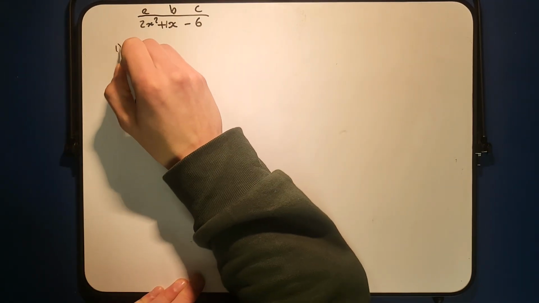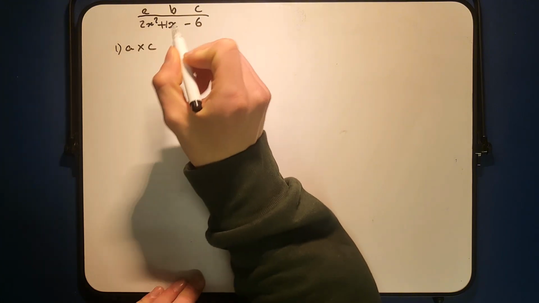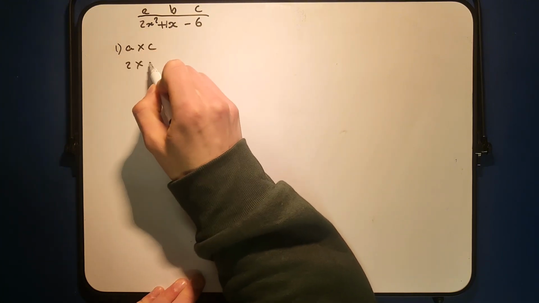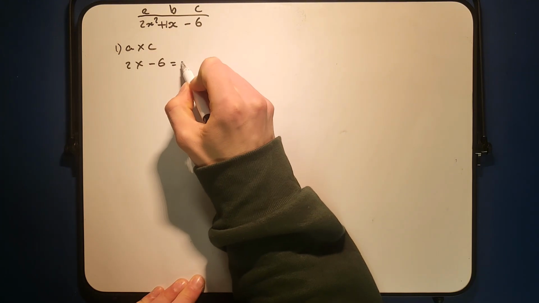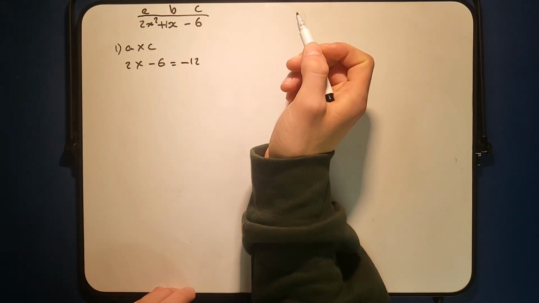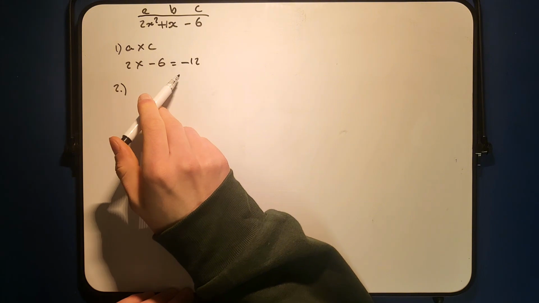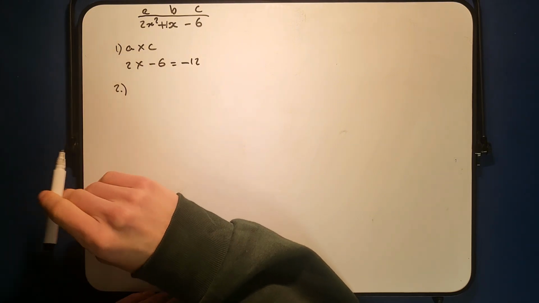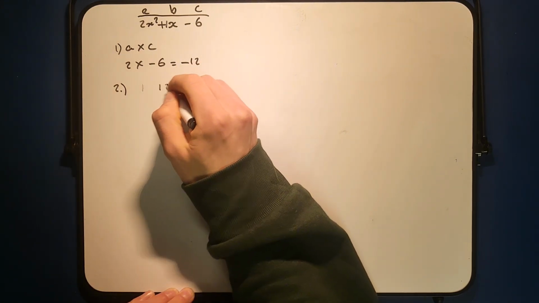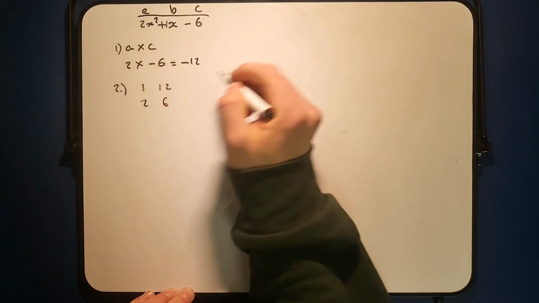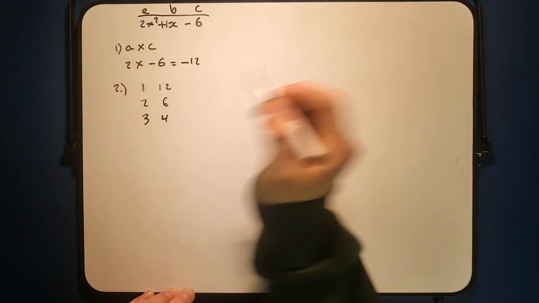So, step 1, we do a times by c. So that's 2 times by minus 6. So that will give us minus 12. Now, step 2, what multiplies to give minus 12 but adds to give 1? So we've got 1, 12, 2, 6, 3, and 4.